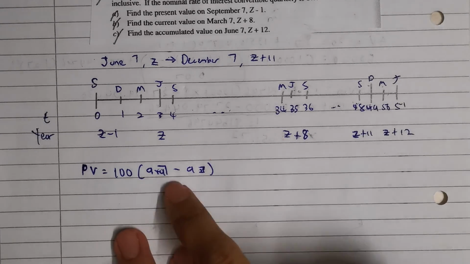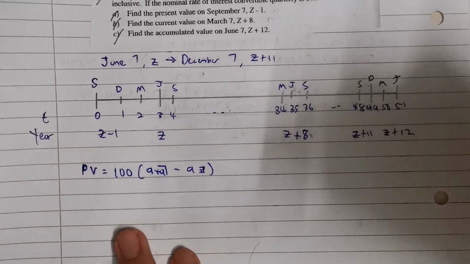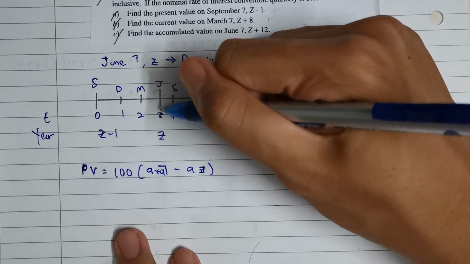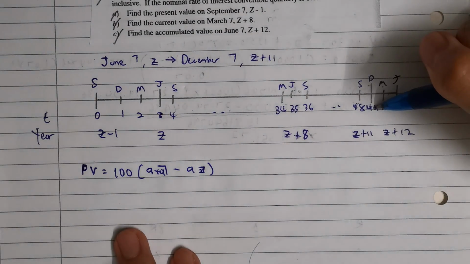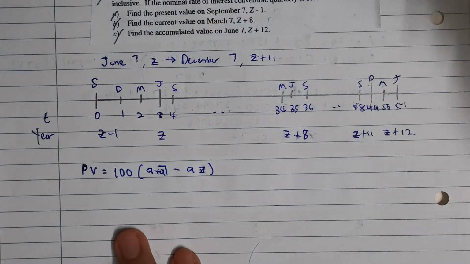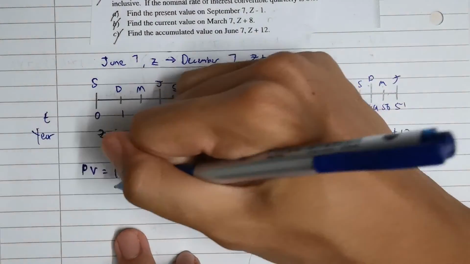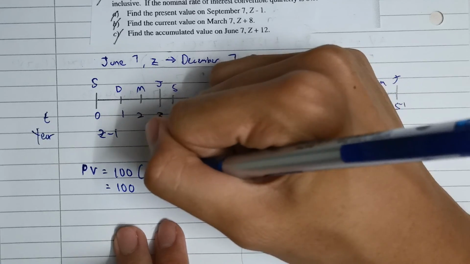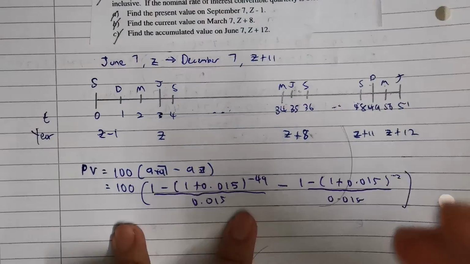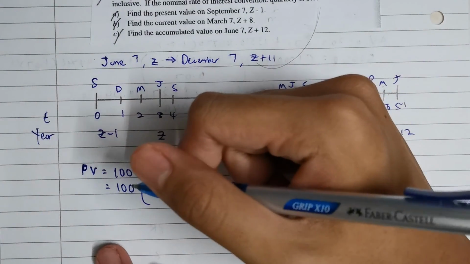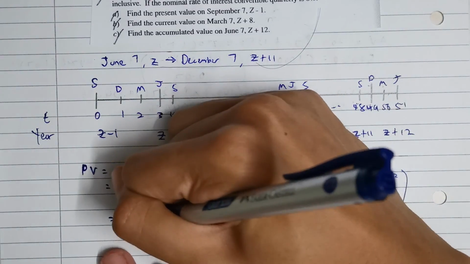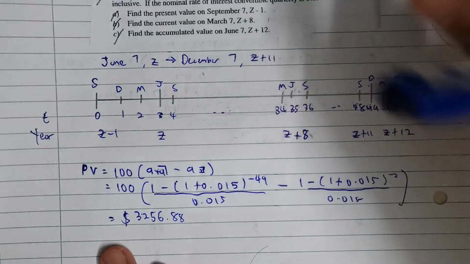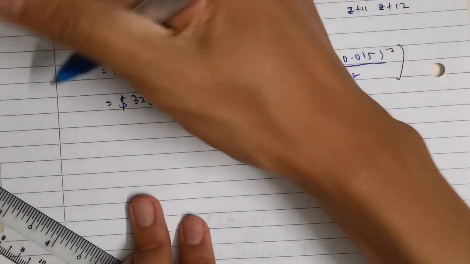We will subtract A angle 2 because we only make payments at t equals 3 until 49. Before and after that, there is no payment. So we will compute the formula. Okay, so the answer will be 3256.88.